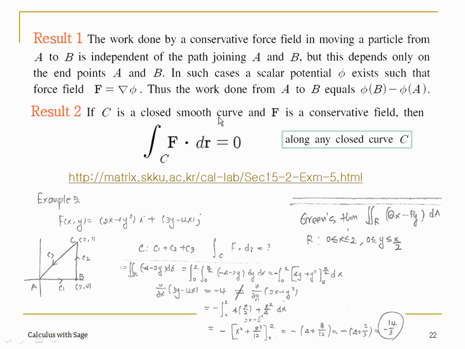If C is a closed smooth curve and F is a conservative field, then it's always 0 along any closed curve C. This is what I mentioned earlier.